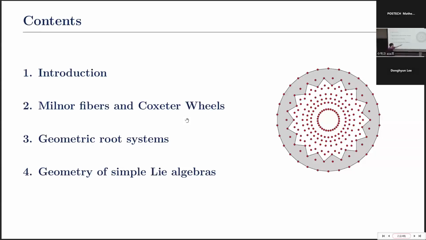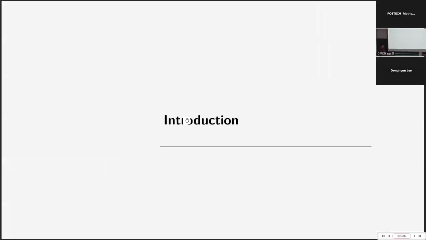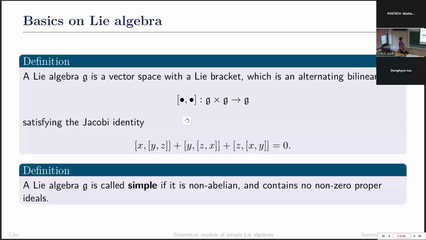Okay, so let me start with the definition of simple Lie algebras. A Lie algebra is nothing but a vector space with an operation called the Lie bracket, which is an alternating bilinear map satisfying the Jacobi identity. You all know this.